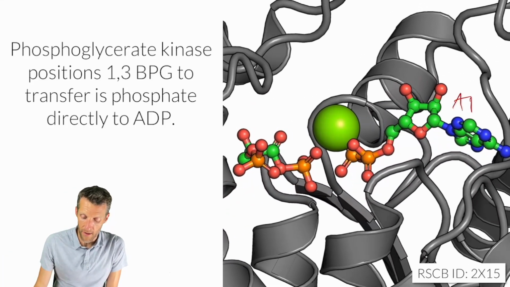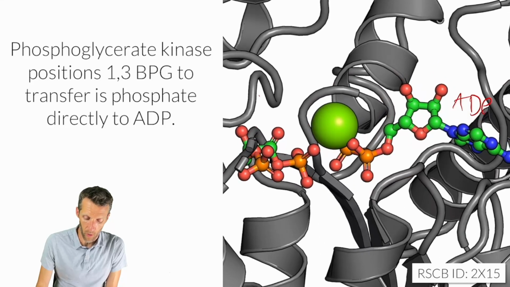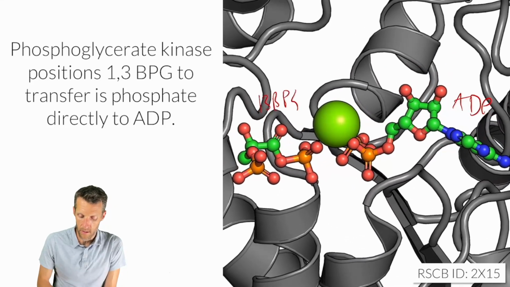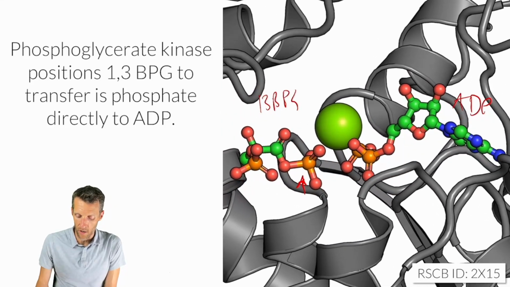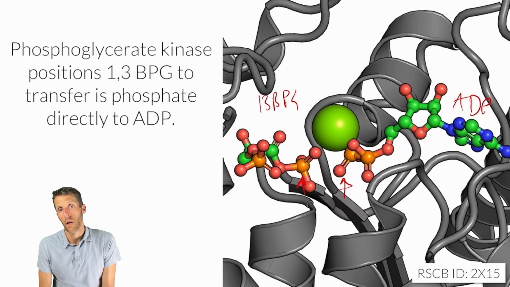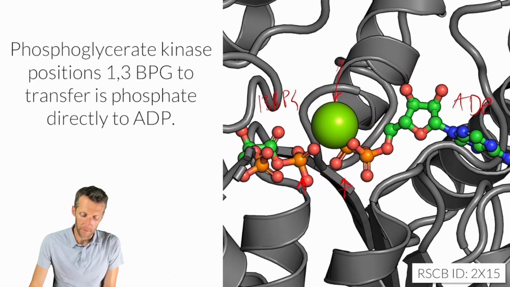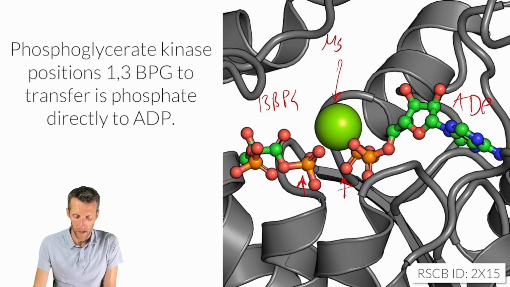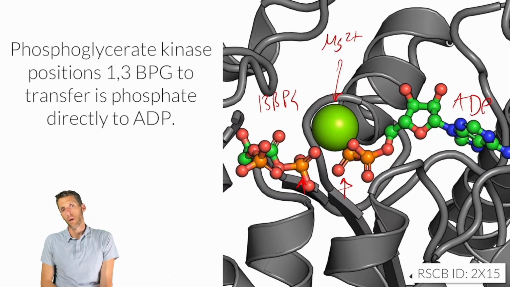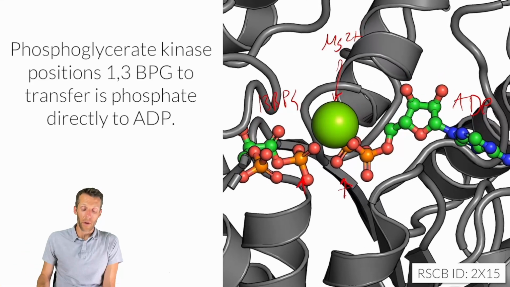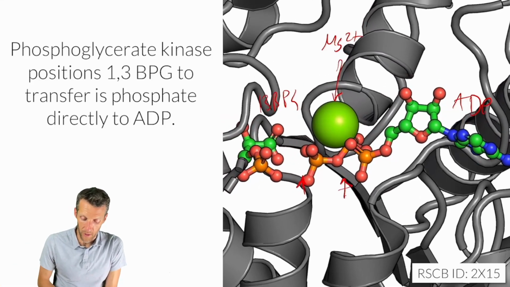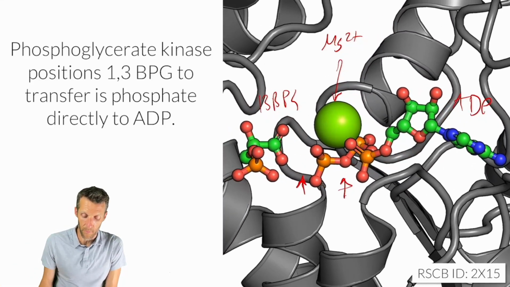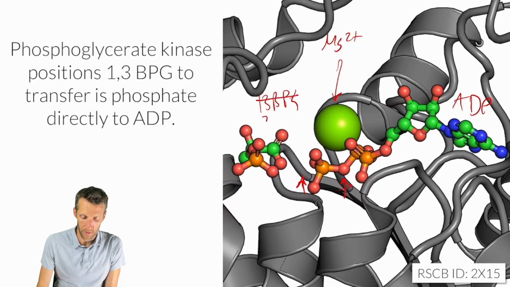So in this structure, we have ADP here, and then this is our 1,3-BPG. And you'll notice those phosphates are right next to each other. And they're coordinated, actually, a lot of the time ATP phosphates are stabilized by magnesium ions, so that's right there in this active site. We're now going to let the reaction proceed, and what you get is the phosphate gets transferred from the 1,3-BPG, which now becomes 3-PG.